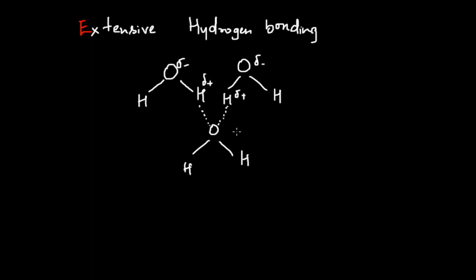Because there is a charge, as simple as this, opposite charges attract each other. Since O is comparatively more electronegative than hydrogen, this is negative, and hydrogen is electropositive compared to oxygen, there is an electrostatic force of attraction between oxygen and hydrogen, and this will lead to extensive hydrogen bonding.